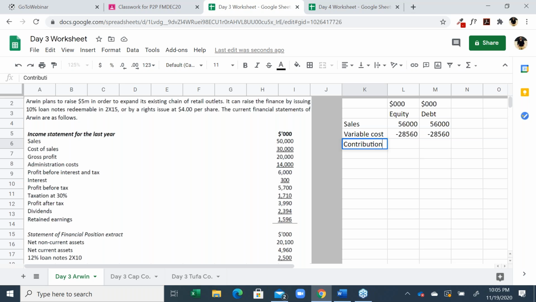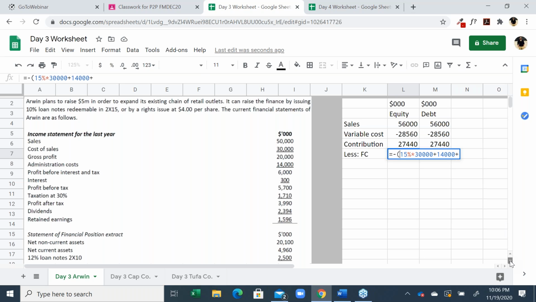Let's calculate contribution. Then let's subtract fixed cost, and I'll be taking both fixed costs together, the administration cost and the fixed cost related to cost of sales. So the fixed cost related to the cost of sale will be 15% of 30,000 plus the administration cost, which is currently given, which is 14,000.